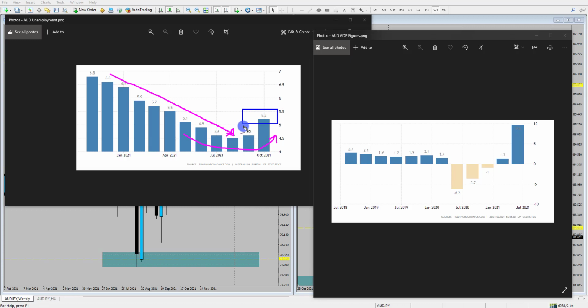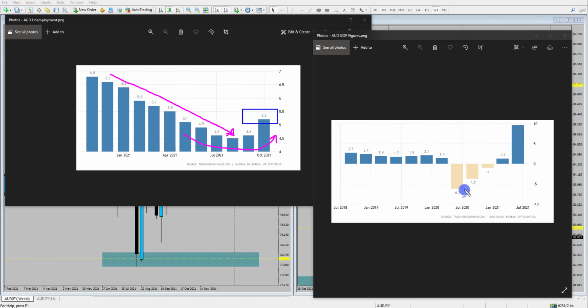The RBA, who are looking to potentially hike interest rates, may hold off increasing those rates, or at least do fewer interest rate hikes. There's less money flowing into the economy, and that usually leads to some downside in the GDP figures.